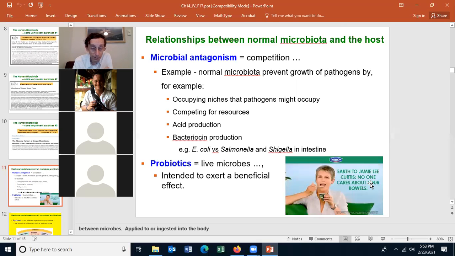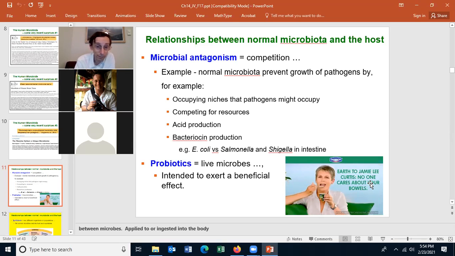Now, most narrow spectrum antibiotics only work on either gram positives or gram negatives. Like penicillin G, we consider that narrow spectrum antibiotic, and it works on most gram positive bacteria. Doesn't work on gram negative bacteria.